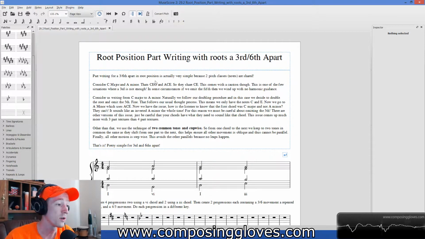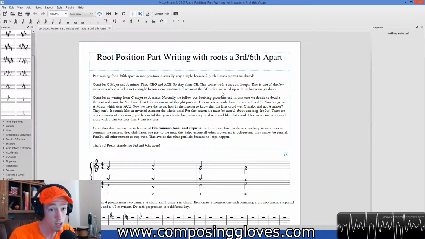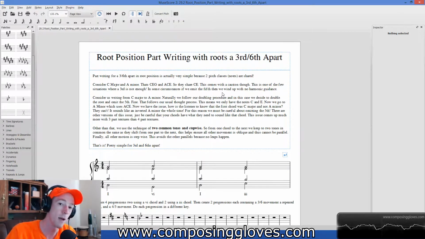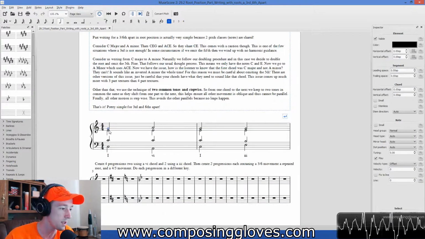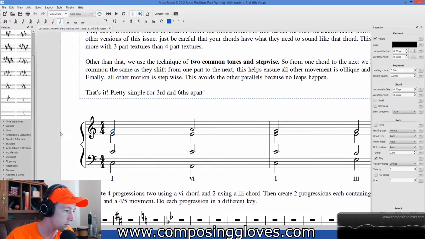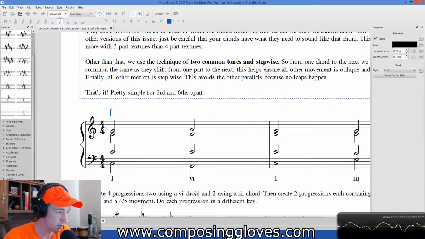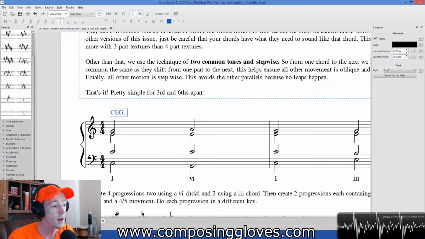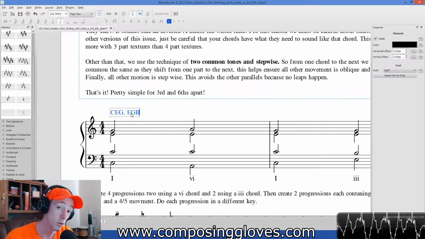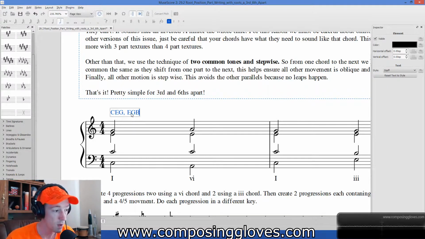Part writing for thirds and sixths apart actually isn't that bad because two pitch classes will be shared. In my example, we have C major, right? Let's type this out, because when I say it all out loud, sometimes I lose people. We have C, E, G, and if we're going to E minor, it's E, G, B. We see both of these have an E and a G, so it's actually pretty simple.